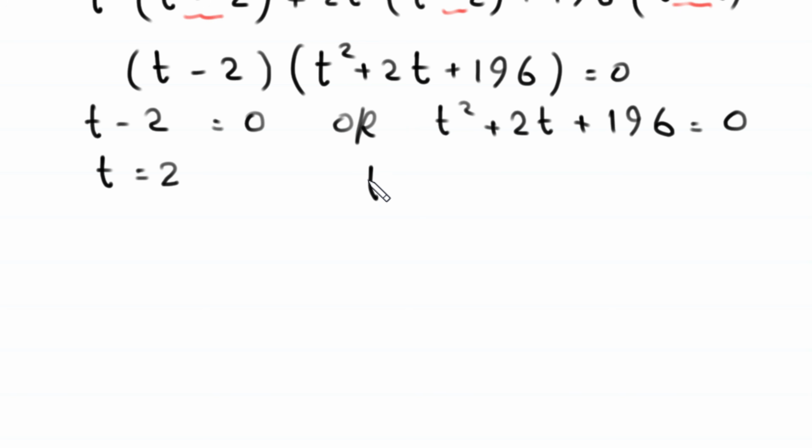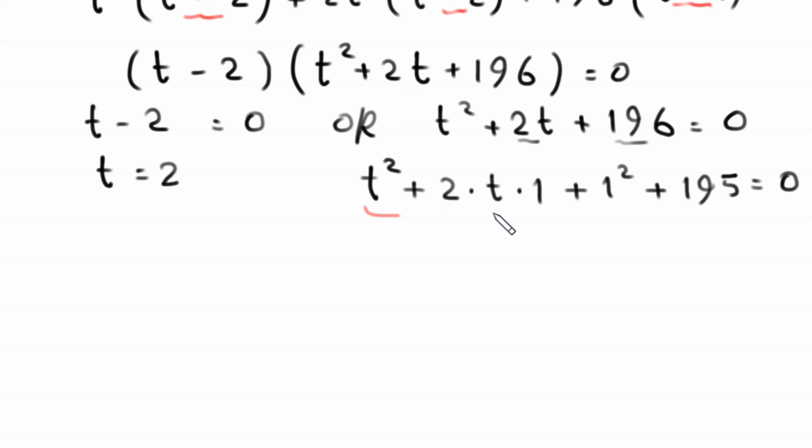Write this t squared, and 2t is same as plus 2 times t times 1, and write this 196 as plus 1 squared plus 195 equal to 0. This t squared plus 2 times t times 1 plus 1 squared will become t plus 1 whole squared.